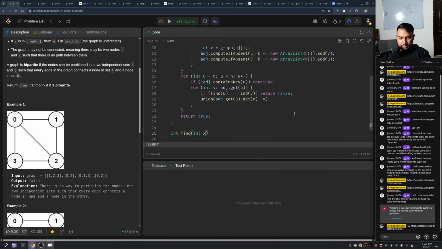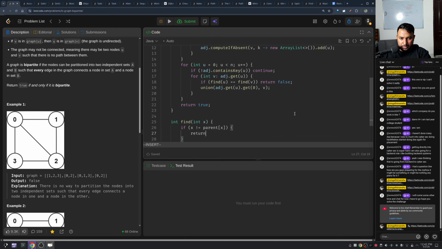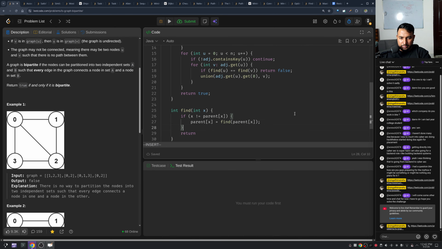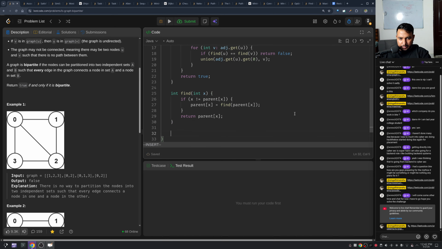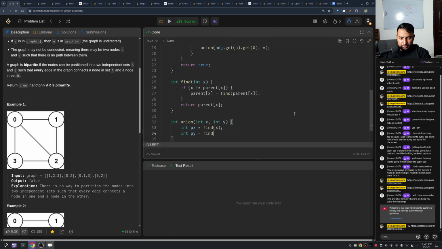Let's try. Find: if x is not equal to parent of x, return parent of x is equal to find the parent of x. And union x and y: px is find x, and py is find y.